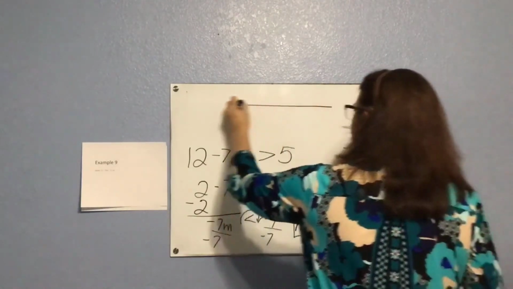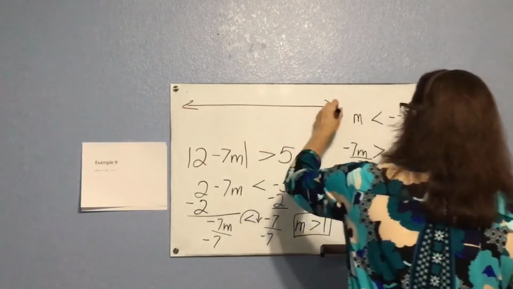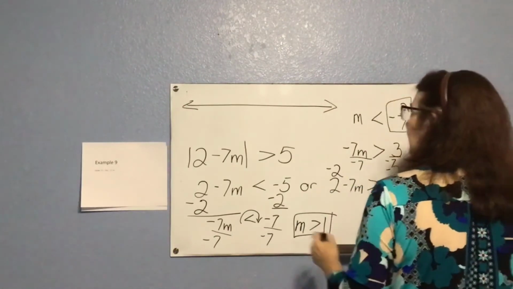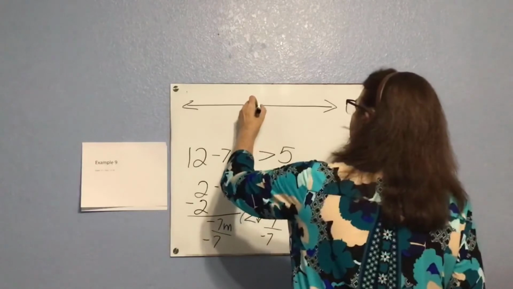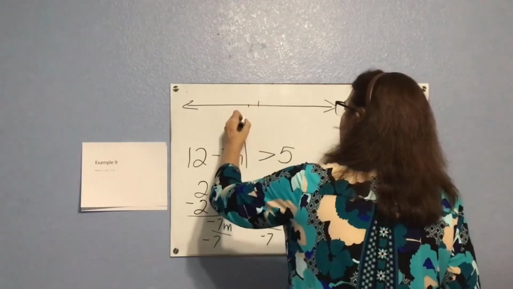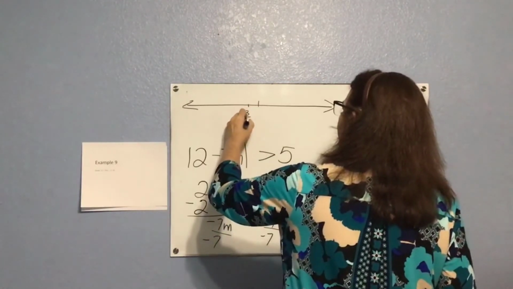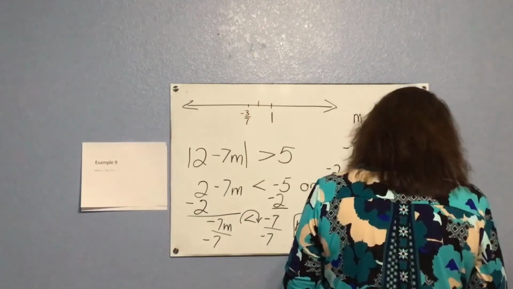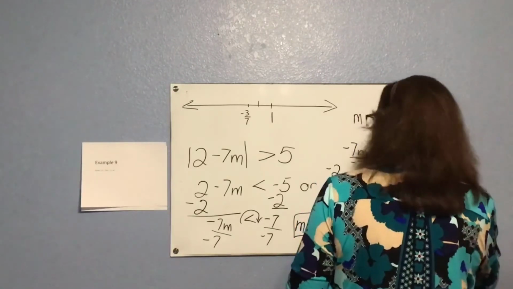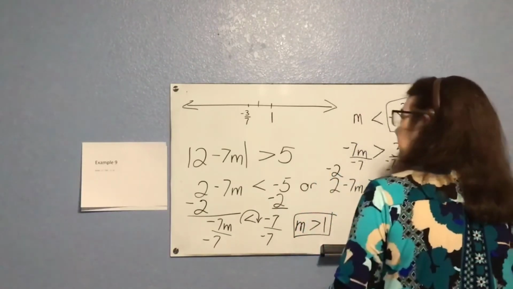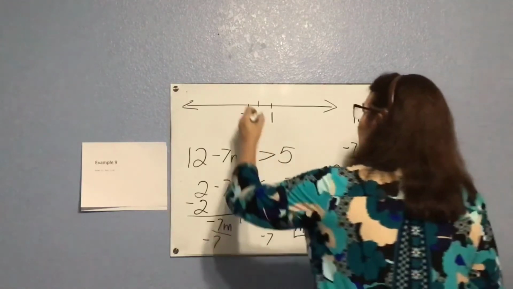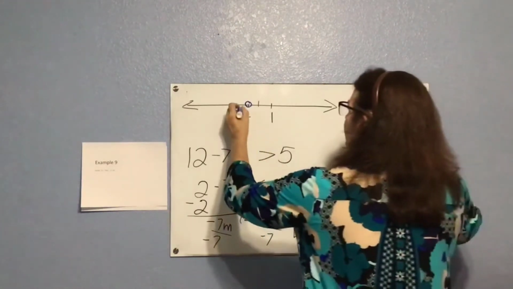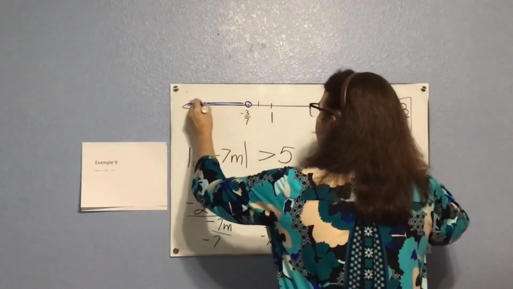So here's my number line. The two numbers I need are negative 3/7 and 1. So we'll put 0 here. We'll call this negative 3/7 and this 1. And in this case, this is m is less than negative 3/7, so I have to shade this direction.